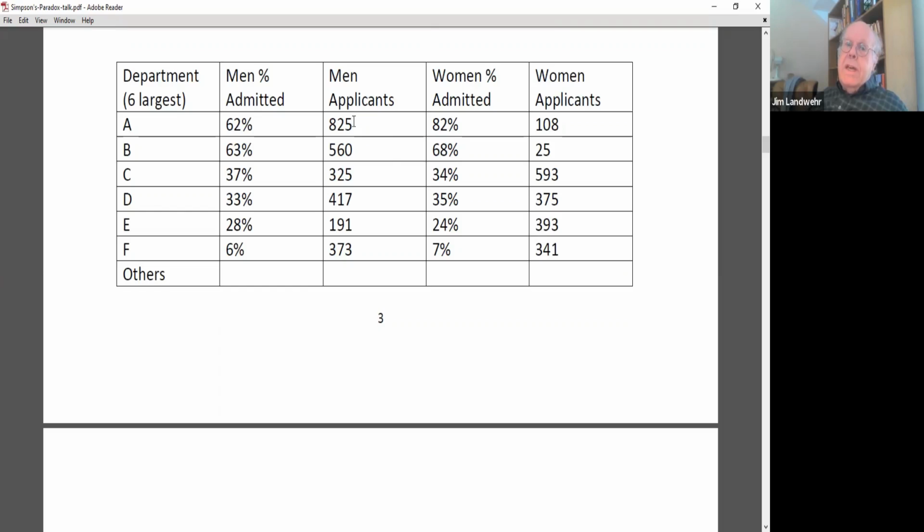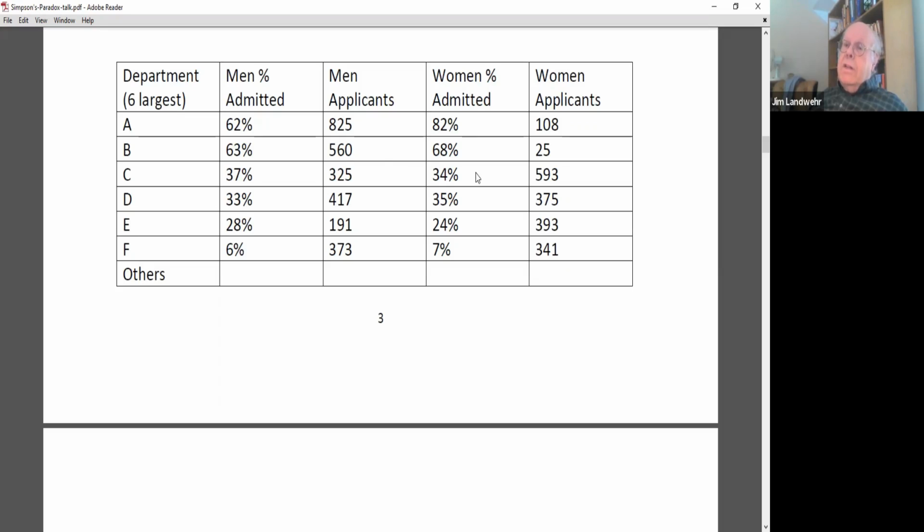So if we look at the men here, the department that the highest number of men have applied to is 825 here, Department A, and that is admitting a relatively large percent, both for men and even more so for women. But if we look at the women applicants, their biggest department is C, where the admissions are quite a bit smaller, in the mid-30s.